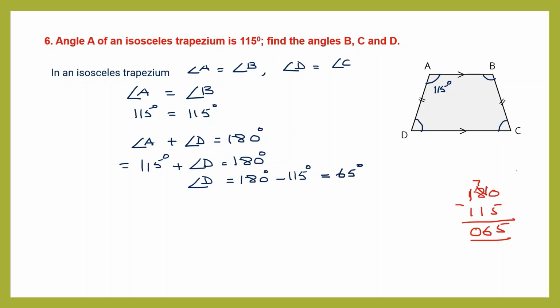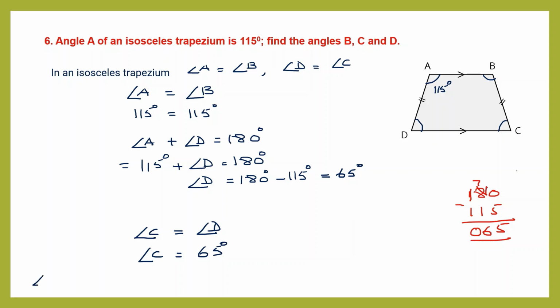So we found angle A already given, we found angle B, we found angle D. Now we should find angle C, and we know that angle C is equal to angle D. Now this is only in the case of an isosceles trapezium. So angle C will be equal to, how much is angle D? 65 degrees. So now we have found all the angles.